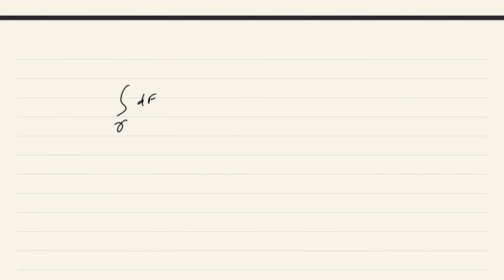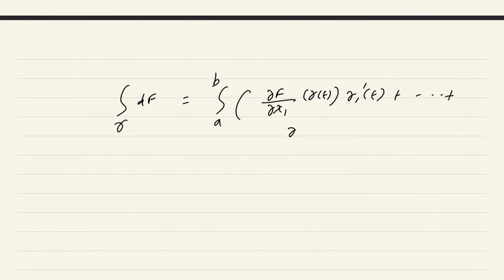This is just the integral from a to b of del f by del x1 at gamma of t times gamma 1 prime of t plus dot dot dot plus del f by del xn at gamma of t times gamma n prime of t, whole thing dt. This is just the very definition of the integral of the differential form df along the curve gamma.